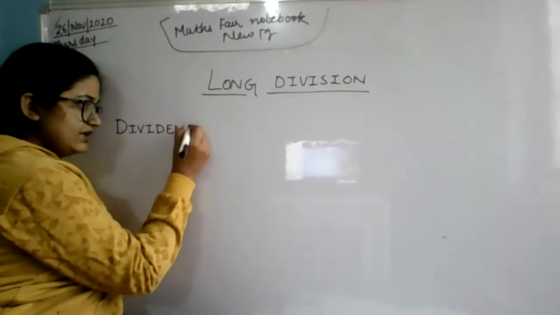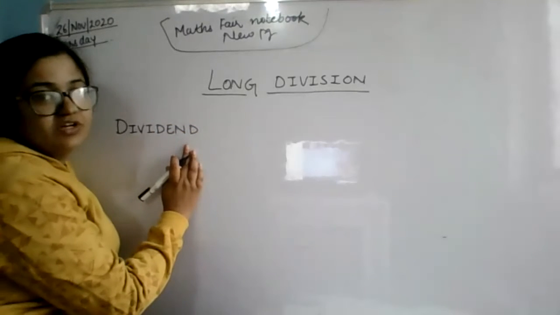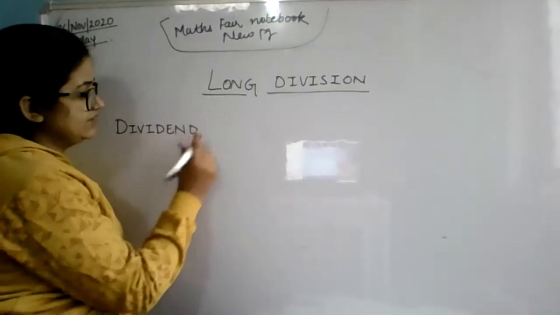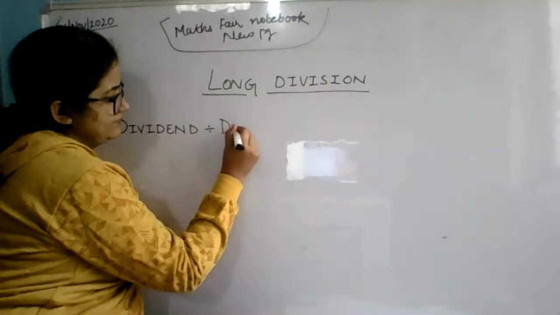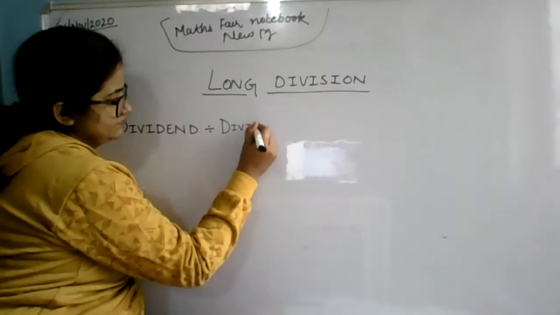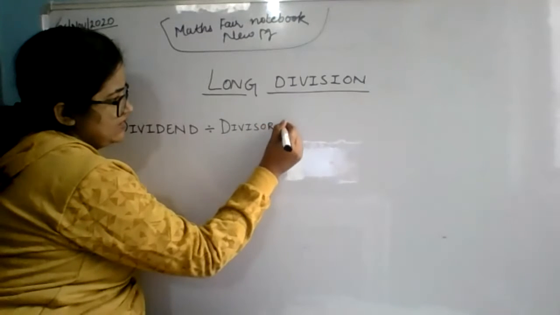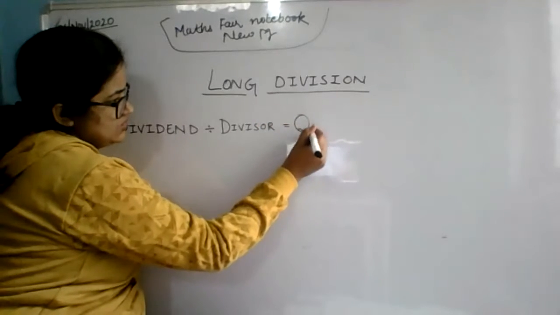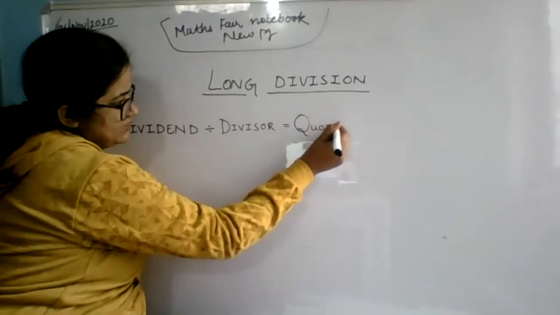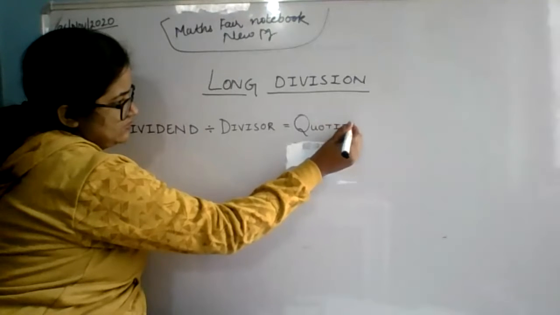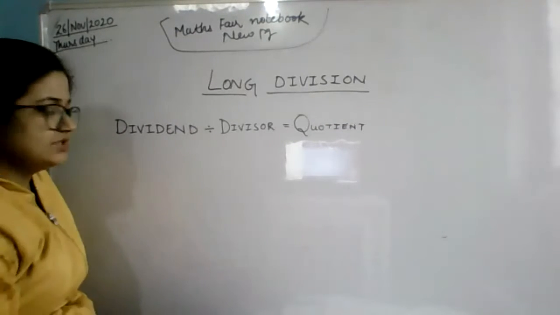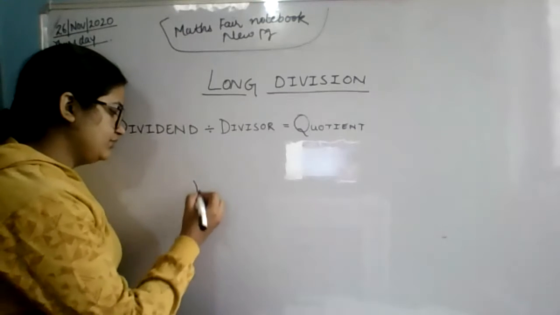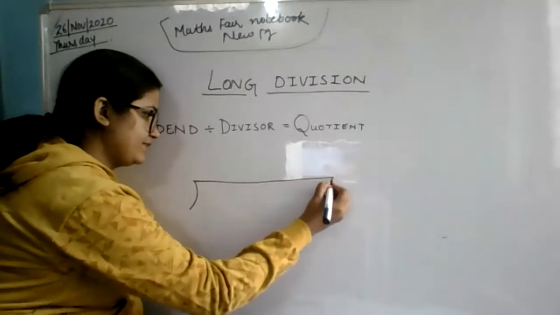Dividend divided by divisor is equal to quotient.